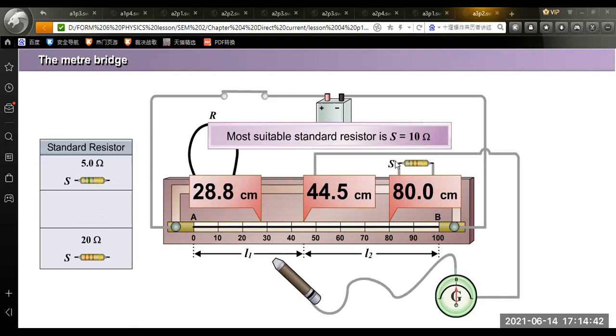Can 5 ohm, 10 ohm and 20 ohm all be used? Yes, but the most suitable is the 10 ohm resistor. If we use 5 ohm, we still get 80 and 20 cm, but the possible error we calculate will be higher than the random error of the 10 ohm.